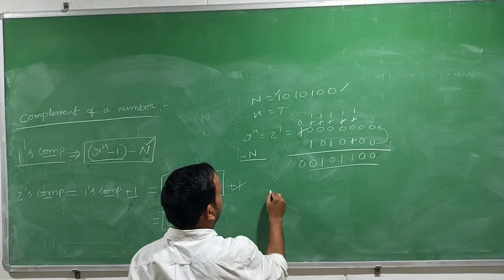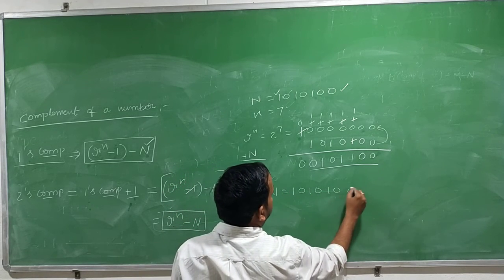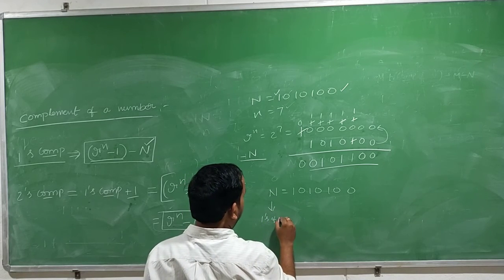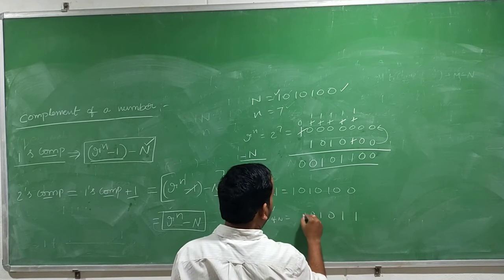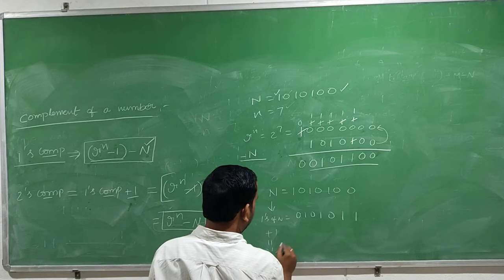So this n I am writing here: n equal to 1 0 1 0 1 0 0. The 1's complement of n is nothing but 1 1 0 1 0 1 0. So plus 1, we will get the 2's complement, right?